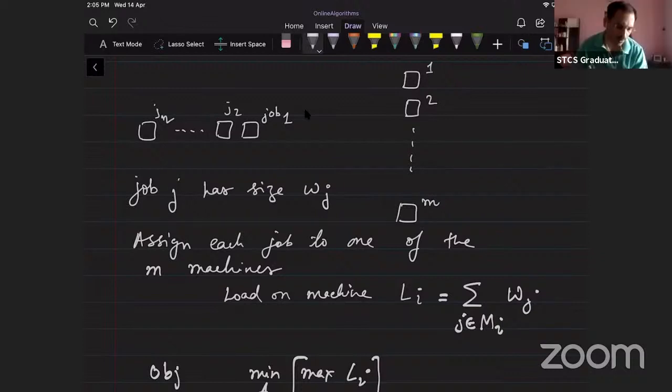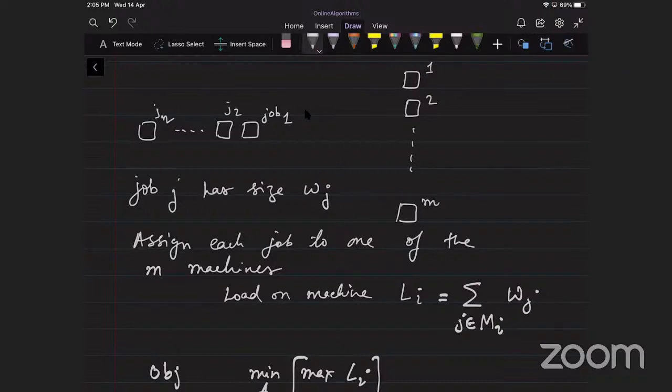So there is no capacity. You can load as much as you want. You're just counting Li to be the summation of the size of all the jobs. So there is no capacity to these machines. You can assign as many jobs as you want. Take the average weight of all the jobs, and for a particular machine, if upon adding a job the weight does not exceed the average, add it, or go to a new machine if it exceeds the average. Something simple, right?